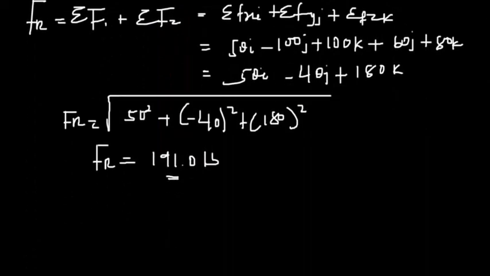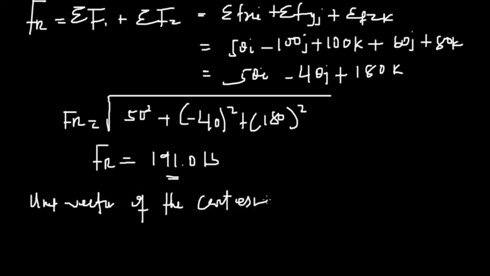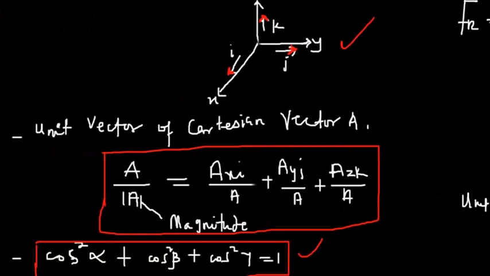Okay, this is where things become tricky. Since we have the resultant force, we need to find the unit vector, so that we will use the unit vector to find the directions. So for the unit vector of the Cartesian vector, this is what we are using.